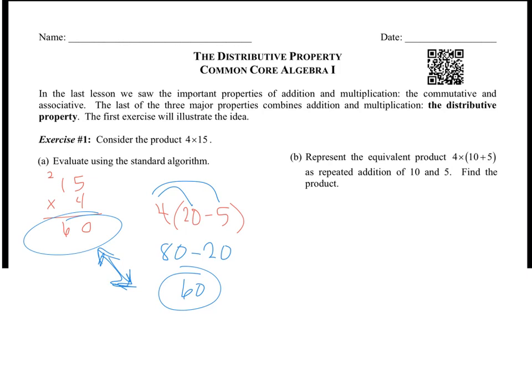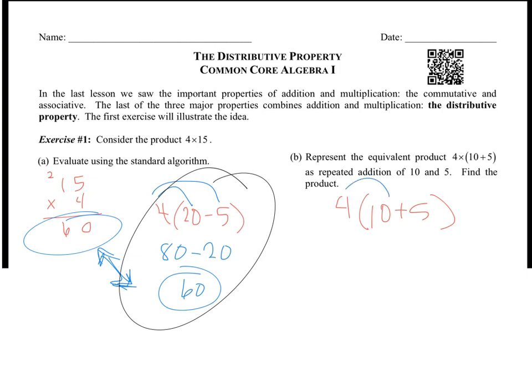So if we look at the next one, represent the equivalent product 4 times 10 plus 5 as a repeated addition of 10 and 5, and then find the product. So we're going to do the same thing we did here, except this time with addition. So 4 times 10 plus 5.